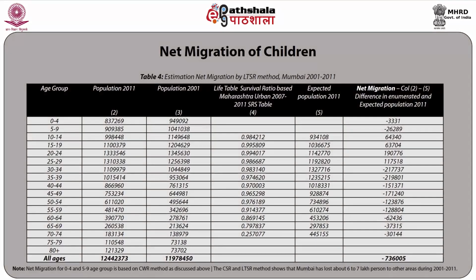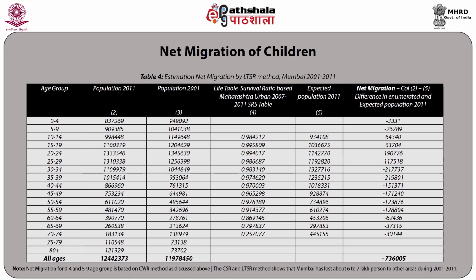The table shows estimation of net migration by the LTSR method for Mumbai during the period 2001 to 2011. It also consists of some columns, which include age group. Next is population in 2011, population in 2001, life table survival ratio based on Maharashtra urban 2007 to 2011 from the SRS table.